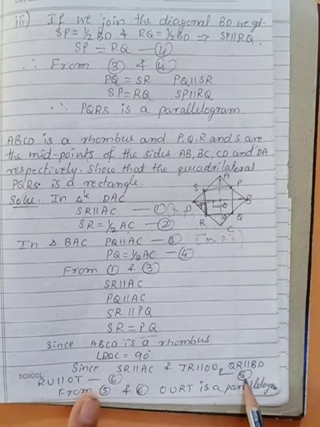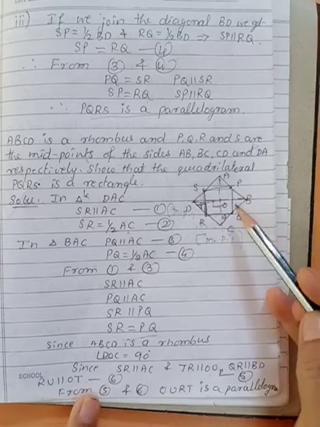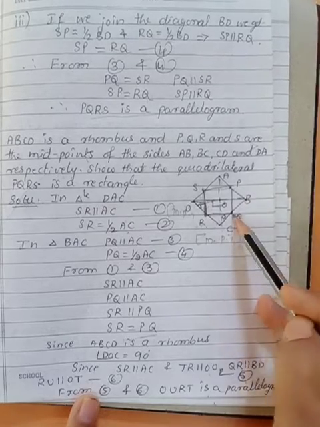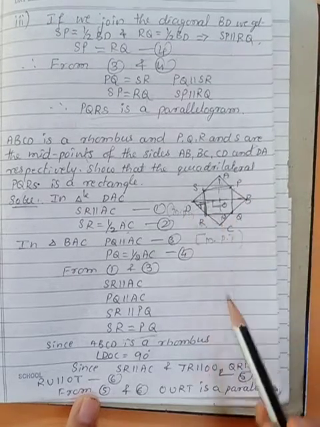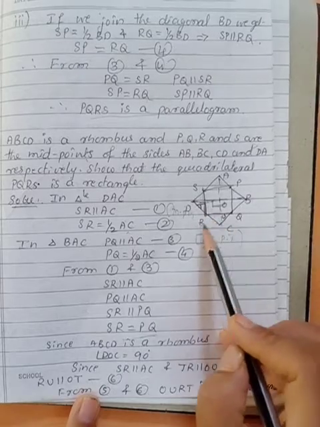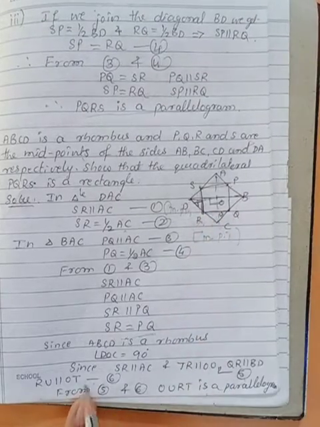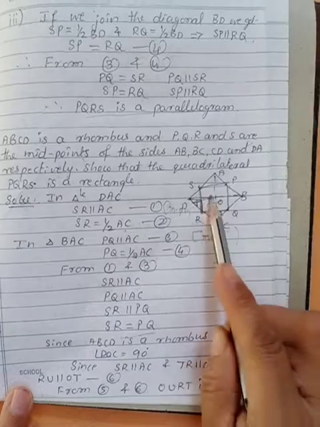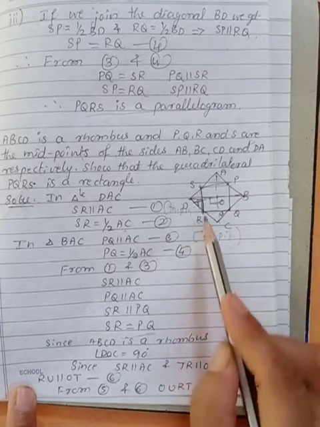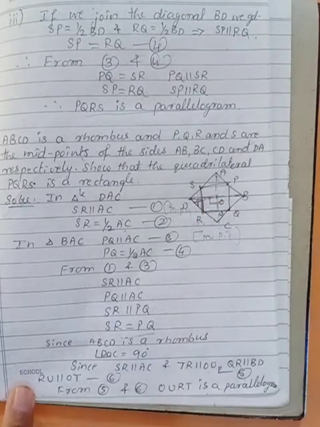Call it 3. And we know that QR is parallel to BD. That's why UR will be parallel to OT also. Now we got opposite sides equal, that's why it is a parallelogram.